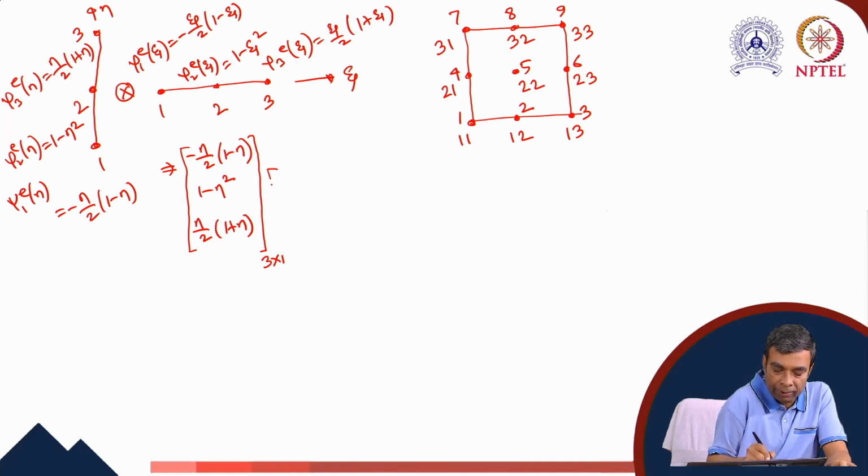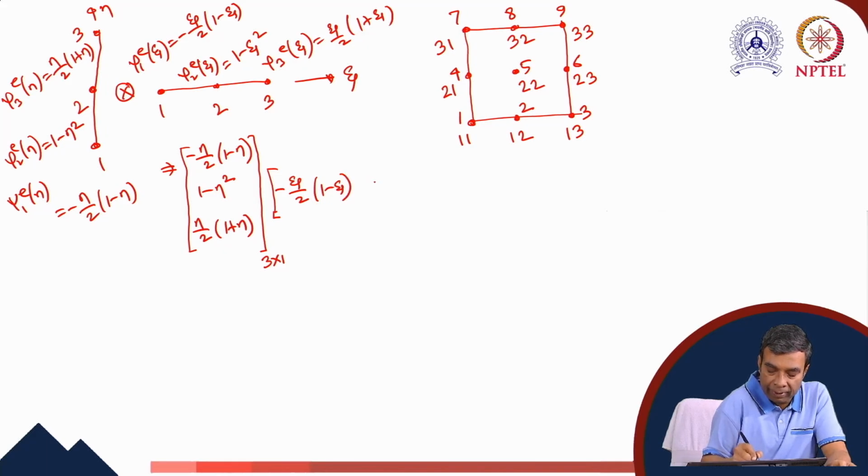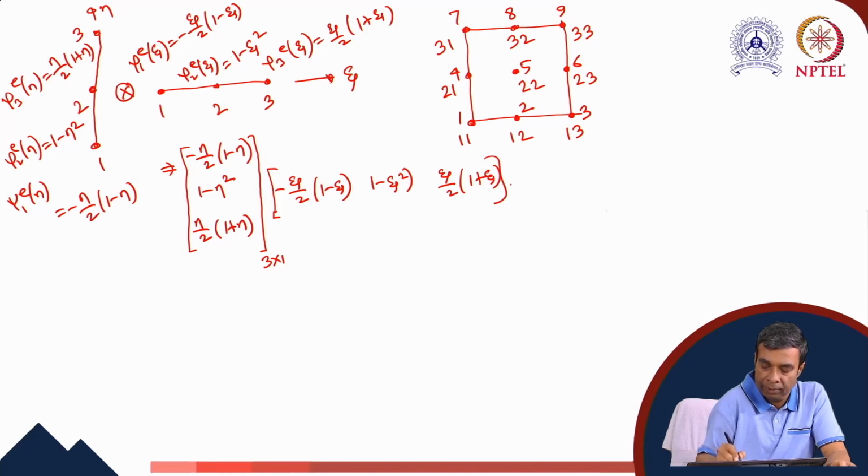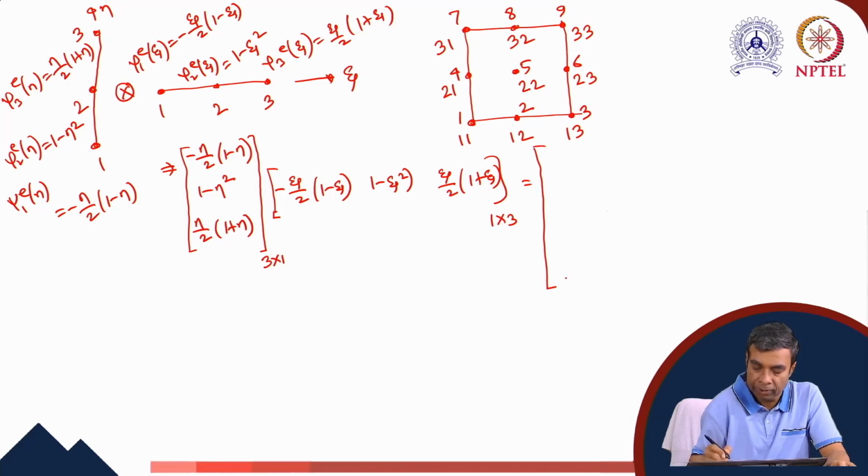The outer product with the row vector in terms of xi. So this is minus xi by 2 into 1 minus xi, this is 1 minus xi square, and this is xi by 2 into 1 plus xi. So this is 1 row, 3 columns. This will give us a 3 by 3 matrix. So let us construct it.